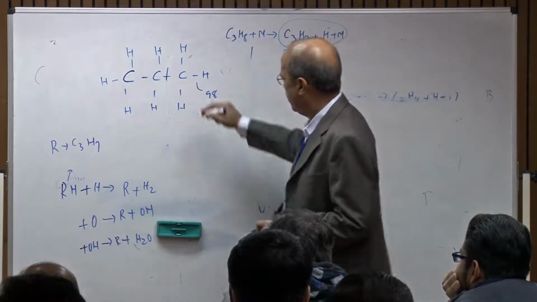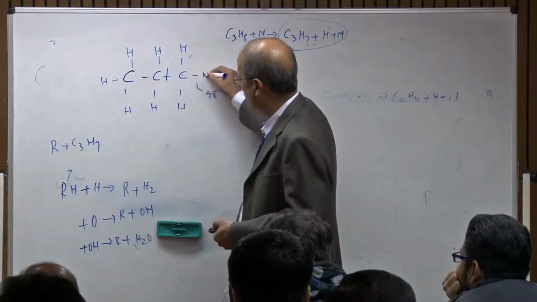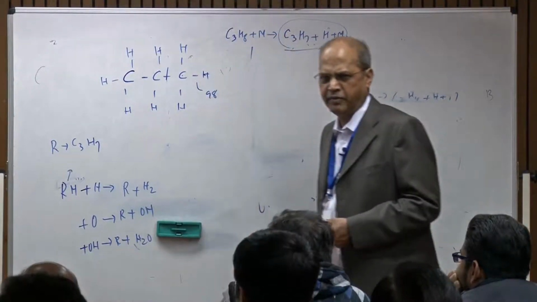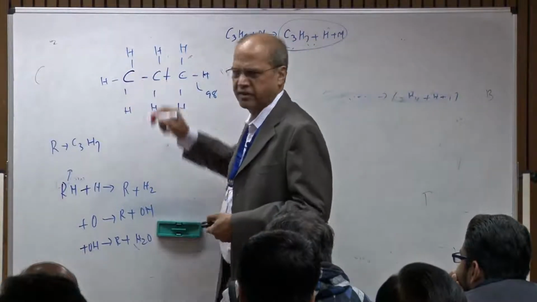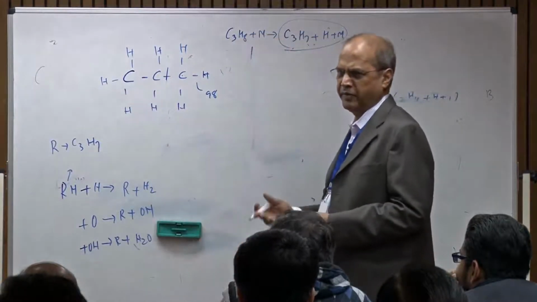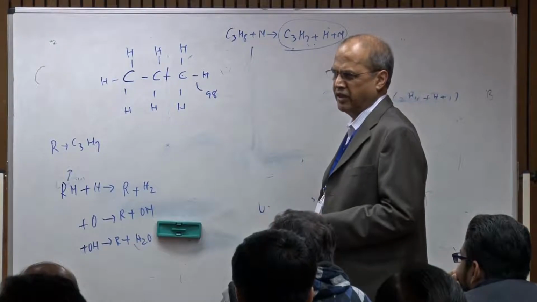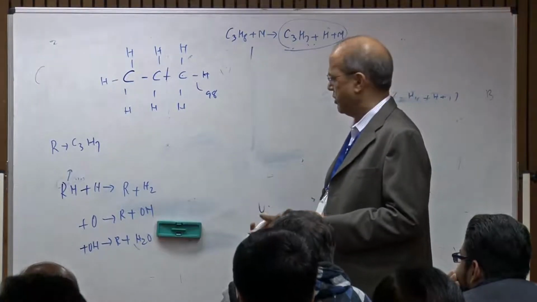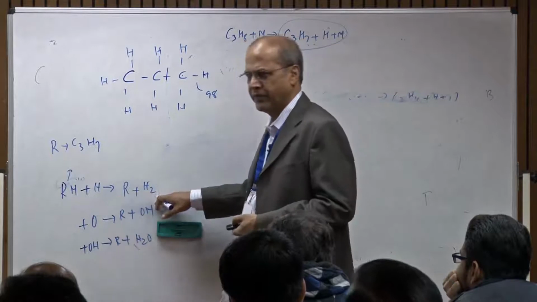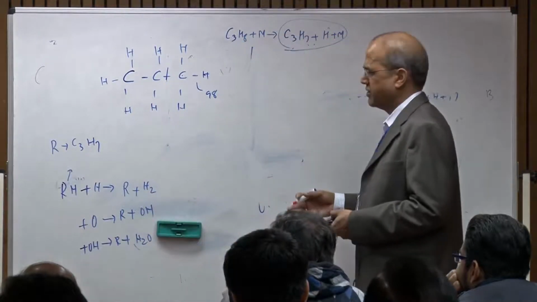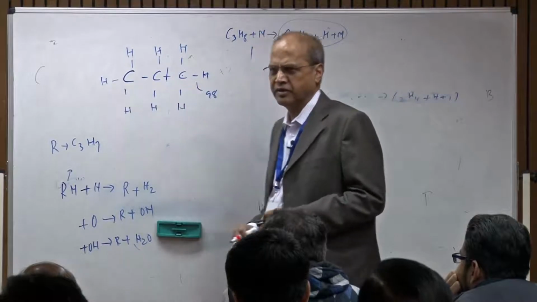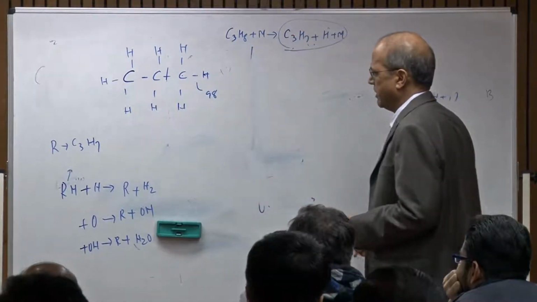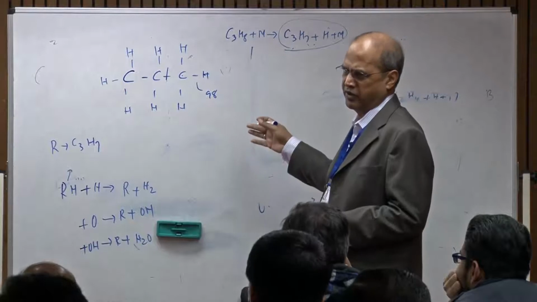There are 3 primary bonds here, all primary bonds, and there are 3 on this side. So there are 6 primary bonds, and any one can break. When we consider this reaction, because we have to remove H, any of these H can come out from the 6 bonds. And the same thing applies to larger hydrocarbons.